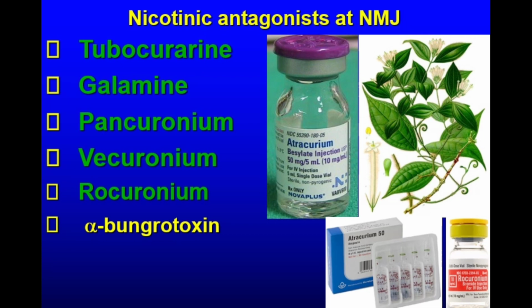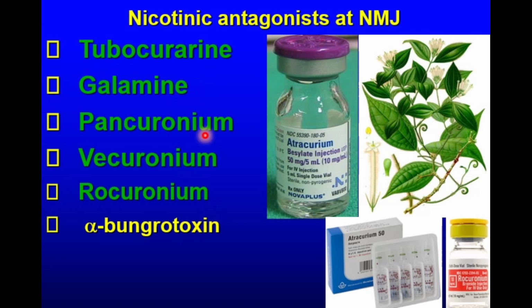Curare, extracted from plant material, was the first known muscle relaxant. Tubocurarine originated from curare. Other drugs like gallamine, pancuronium, vecuronium, rocuronium were discovered after tubocurarine.